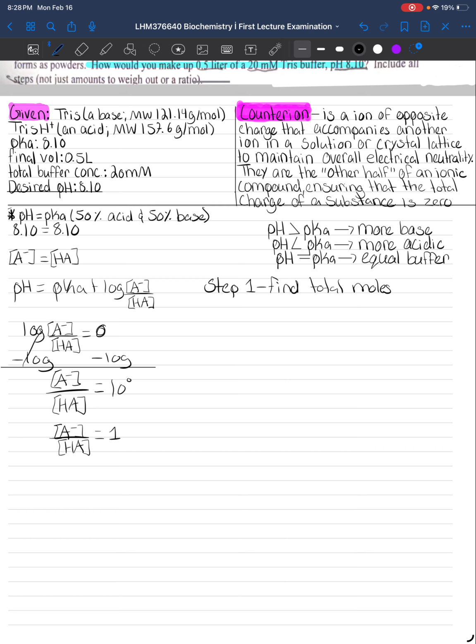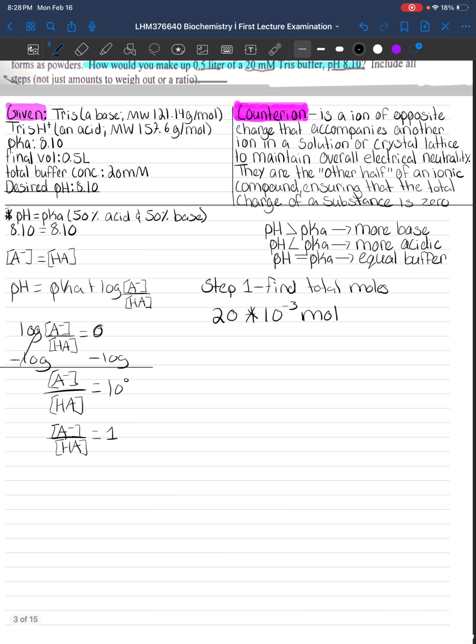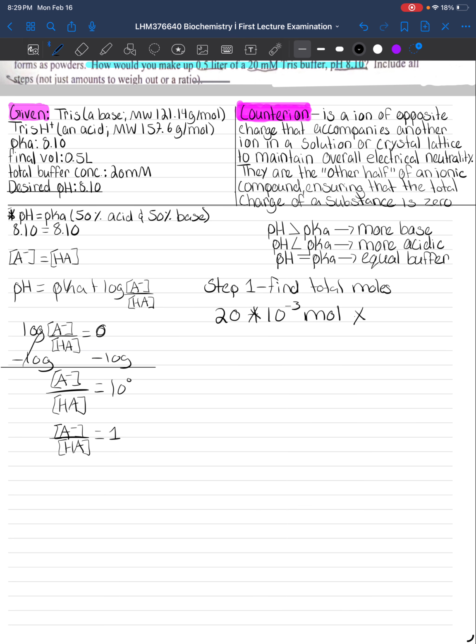We can do 20 times 10 to the negative 3 molar times the final volume, which is 0.5 liters. Let me circle that for you.